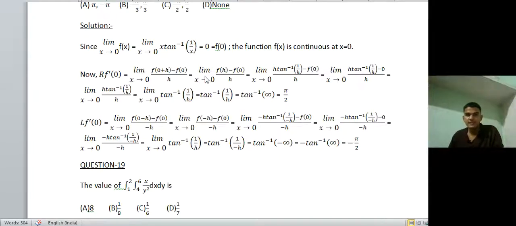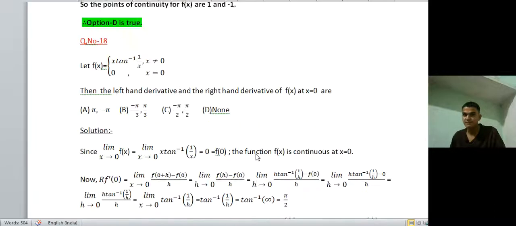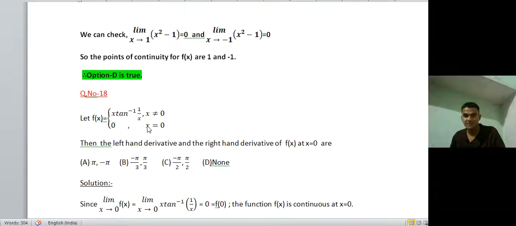So this is limit h approaches 0 of f of h minus f of 0 over h. We have to bring f of h and f of 0.